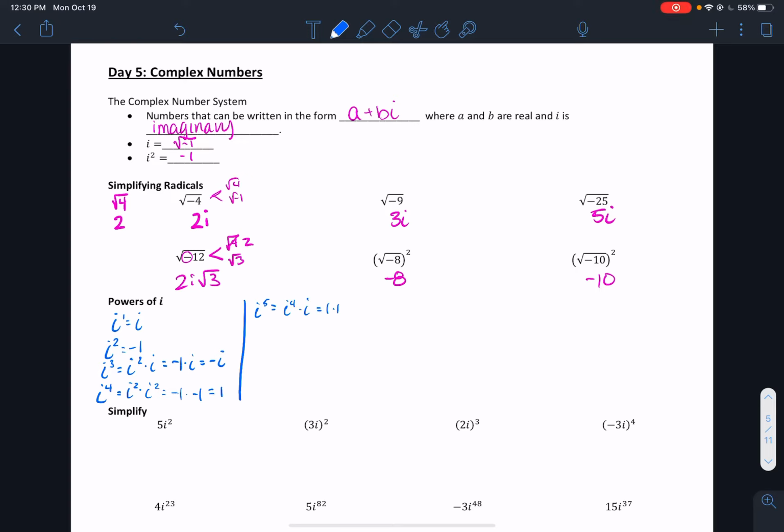Well, that's 1 times i, so that's i. i to the 6th would be i to the 4 times i squared, which would be +1 times -1, so that's -1. i to the 7th would equal i to the 4th times i to the 3rd, so 1 times -i, so -i. And i to the 8th would equal i to the 4th times i to the 4th, which is 1 times 1, which is 1.